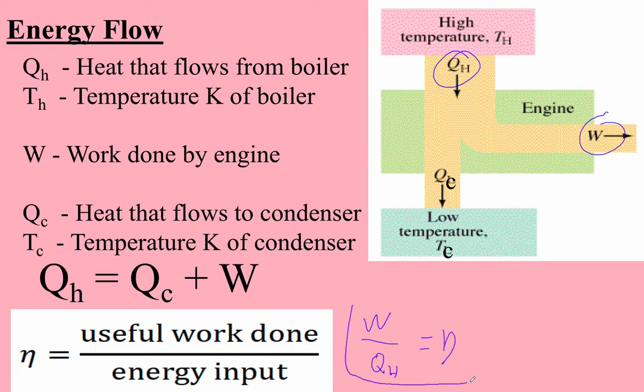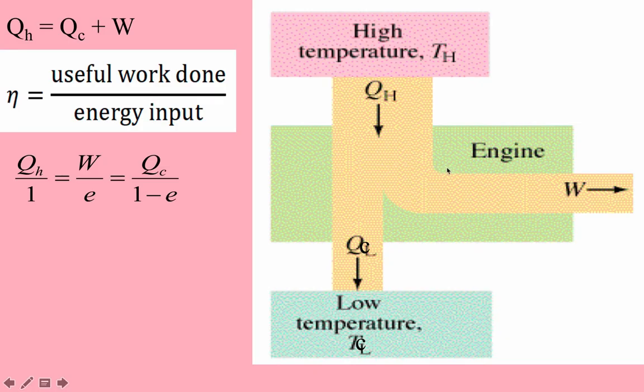Now, I'm going to show you a trick here because we can use these branch ratios to solve things. Actually, this isn't an example. I'm just going to show you the branch ratio. Let's imagine that we draw the Sankey diagram in a more helpful way. We've got the QC branch here, this is wasted.